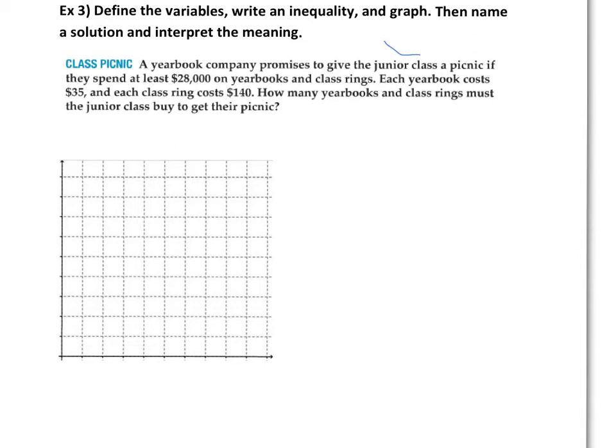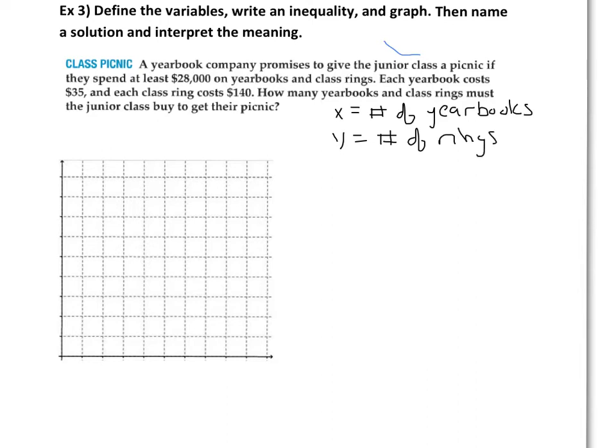Okay, so now because I have an XY axis here, I'm actually going to have two variables. There's two things I'm looking for. I need to find out how many yearbooks, and then I need to find out how many class rings. So those are going to be my variables. I'm going to make x equal to the number of yearbooks and y equal to the number of rings.